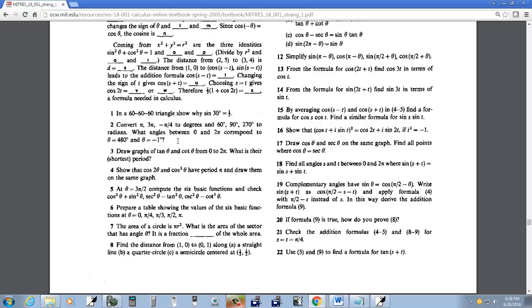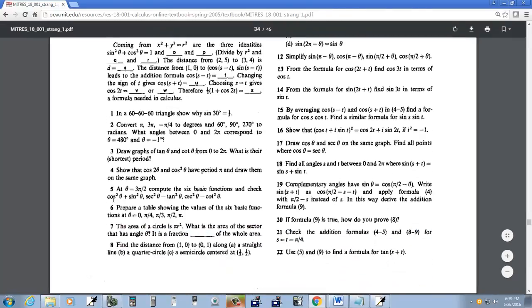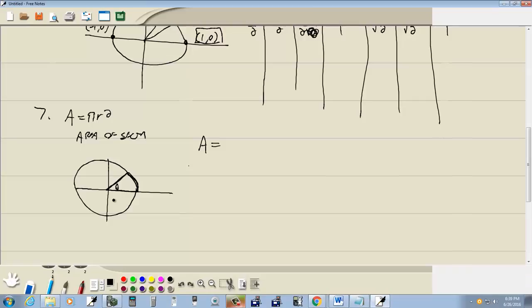It's just get really close. Okay, find distance from that to that along a straight line, quarter circle, semicircle, centered at... S is equal to 2. I don't remember the formula for that.